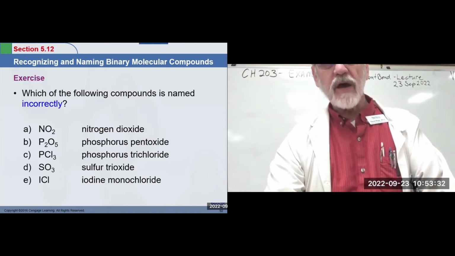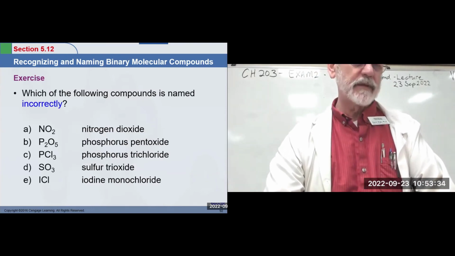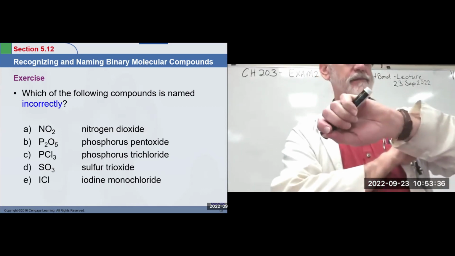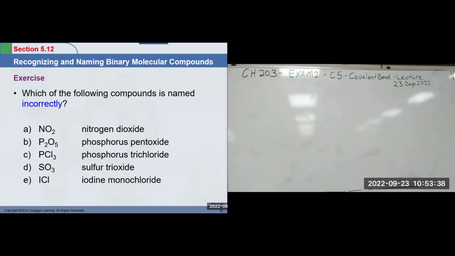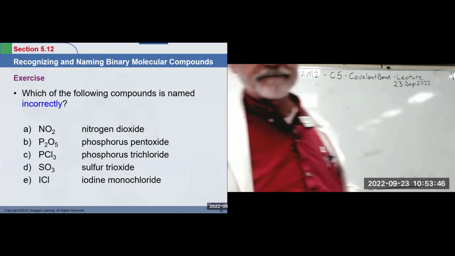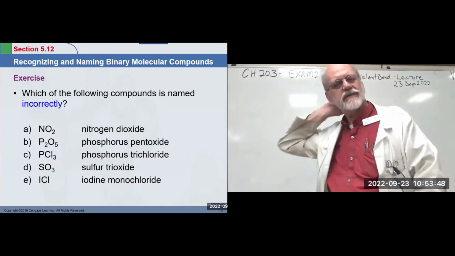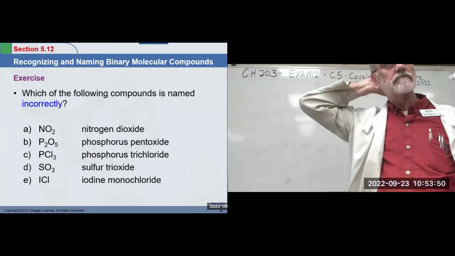Okay, which of the following compounds is named incorrectly? How much time we got left? All right. Nitrogen dioxide. That's right.